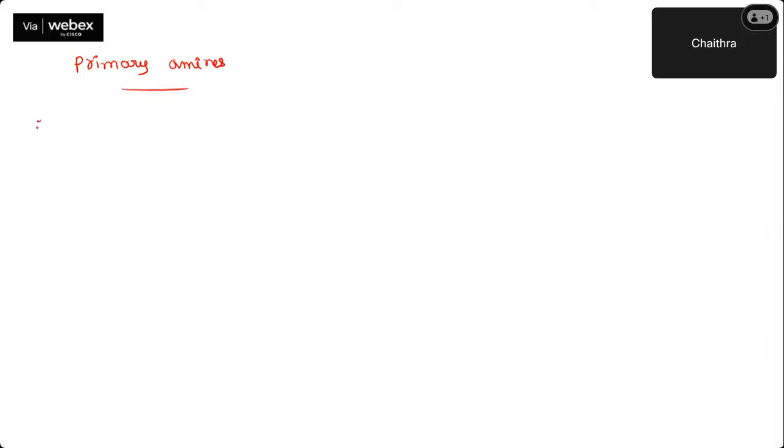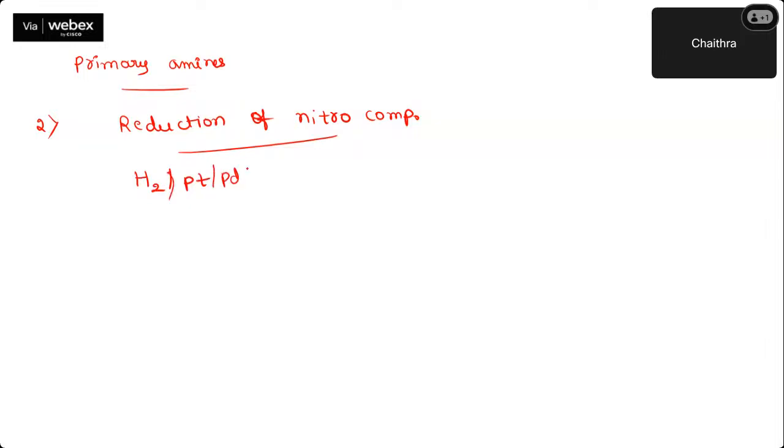Under this, you get reduction of nitro compounds. Nitro group means what? NO2 group. Reduction means I have to use a reducing agent. The important reducing agents used for this reaction are hydrogen in the presence of platinum, palladium or nickel.